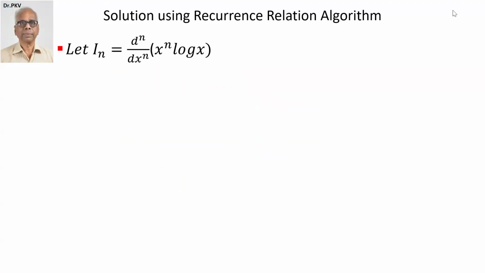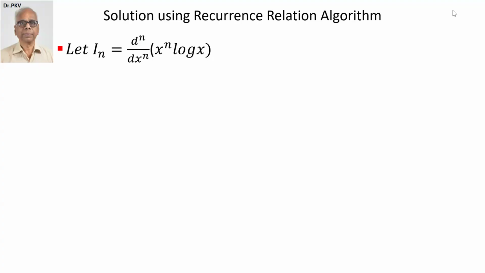Let I_n be equal to d^n/dx^n of x^n log x. In other words, the nth derivative is represented on the left-hand side by I_n, and using the recursive relationship or recurrence relation, we are going to solve the problem.